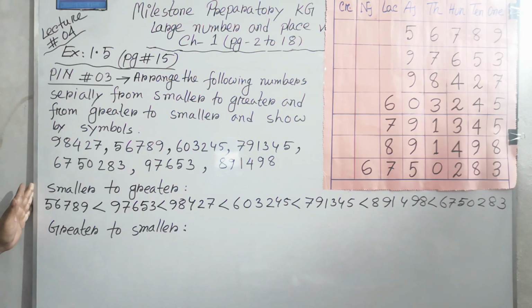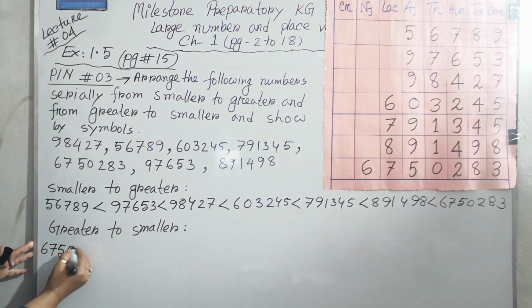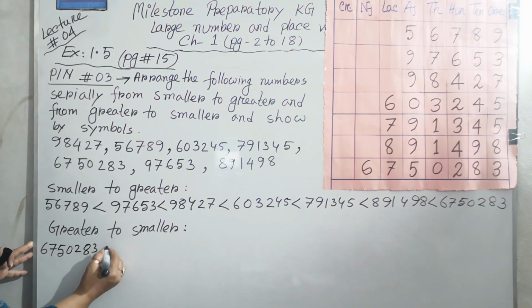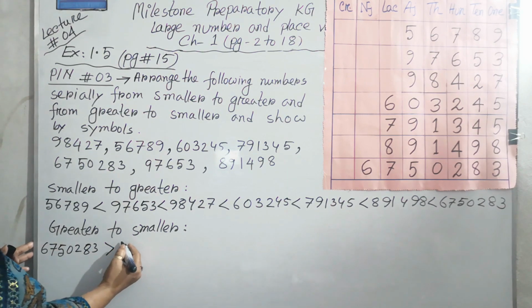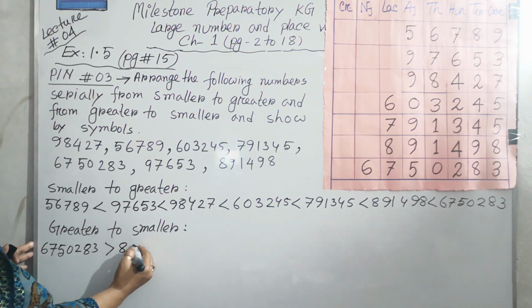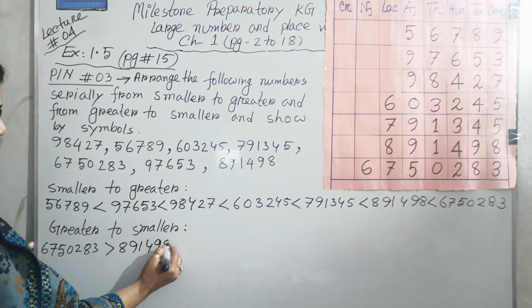First number, 67,50,283 is bigger than 8,91,498.